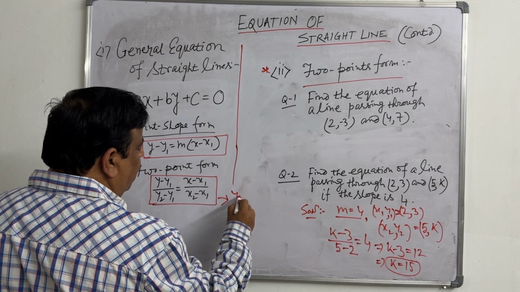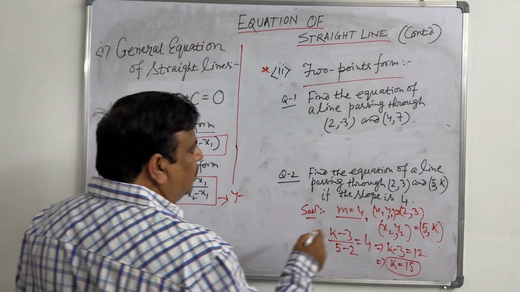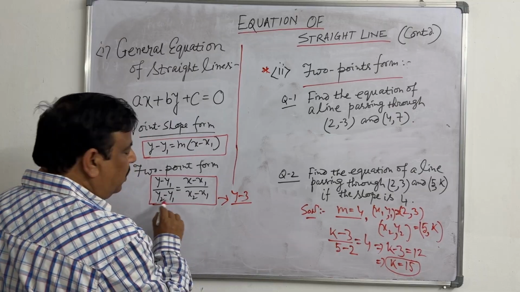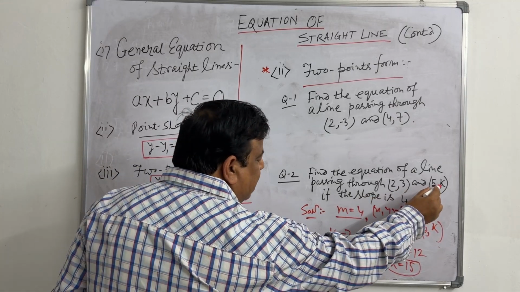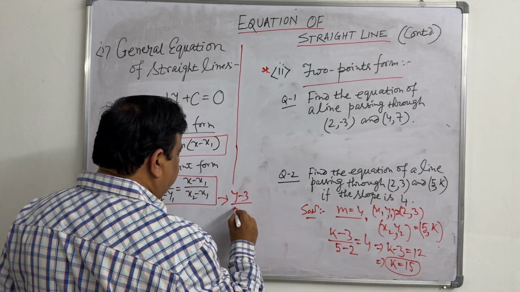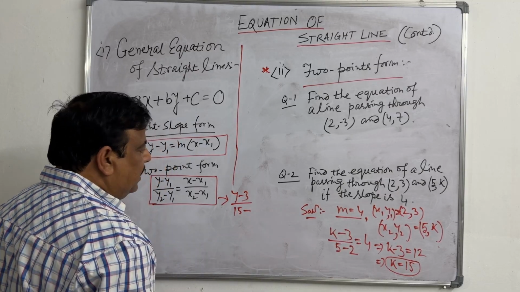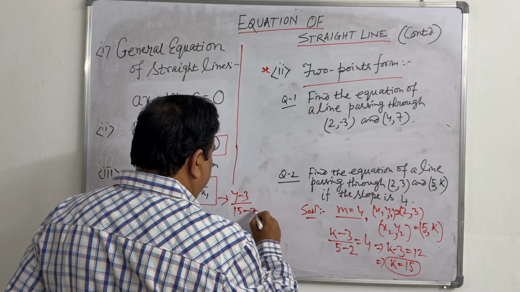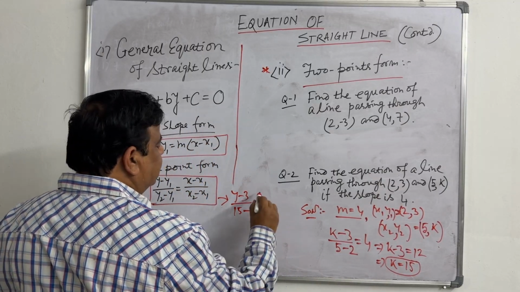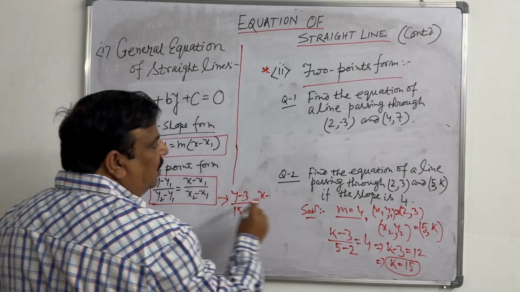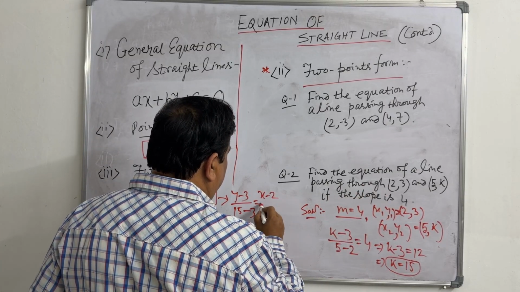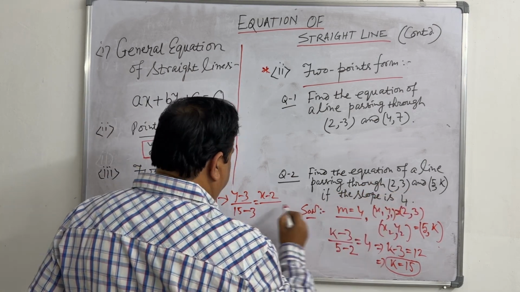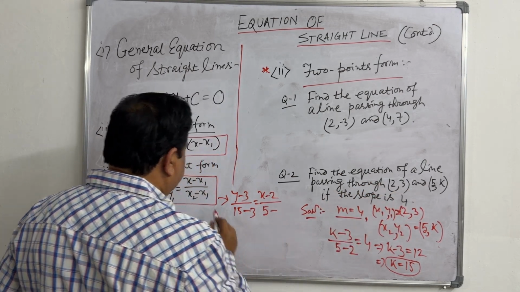Y minus y1, this is y1, 3, by y2 minus y1. What is y2? That is k. What is k? That is 15, minus y1. What is y1? That is 3. That is equal to x minus x1, x1 is 2, by x2. What is x2? That is 5 minus x1. What is x1?